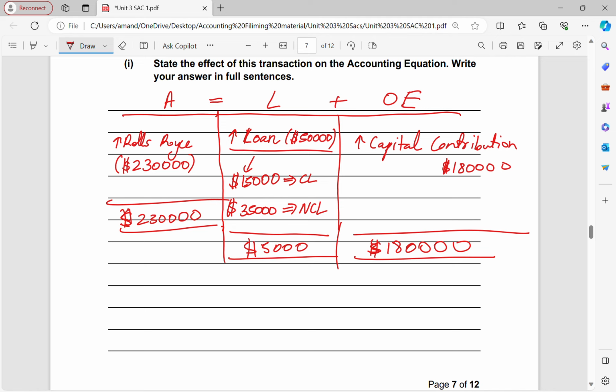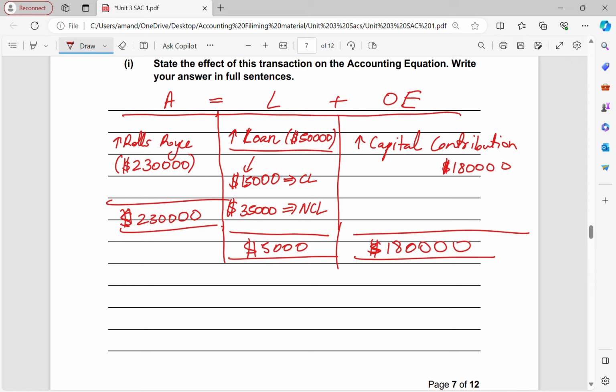So I would probably write something like: the effect of this transaction on the accounting equation was that assets increased by $230,000 due to an increase in the vehicle, Rolls-Royce, by $230,000.